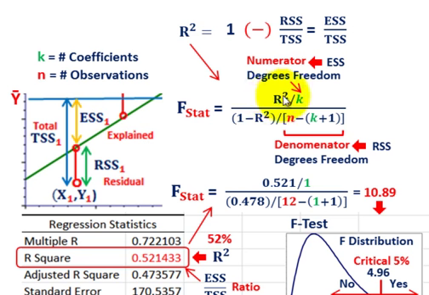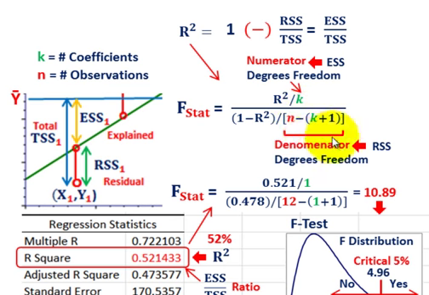So you take that R squared value and you divide it by the K, the degrees of freedom for the numerator, the ESS. Those are those K coefficients. And then you take that quantity and you divide it by 1 minus R squared, divided by the denominator degrees of freedom, your RSS, or residual sums of squares, and that's your N minus K. N is the number of observations, K is your coefficient, plus 1, that quantity.